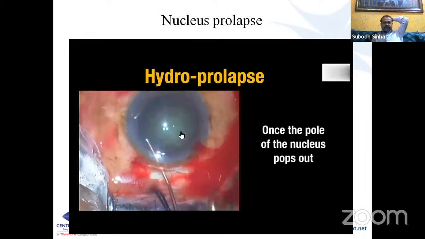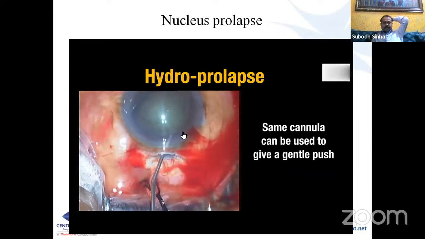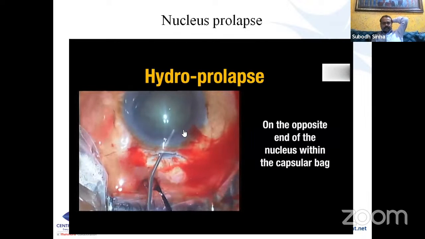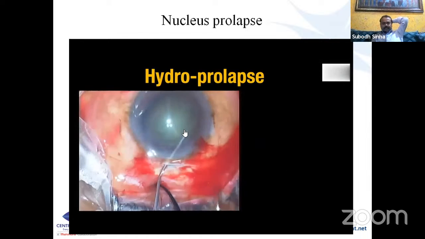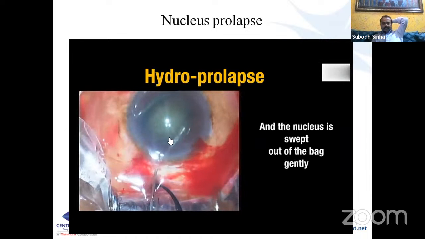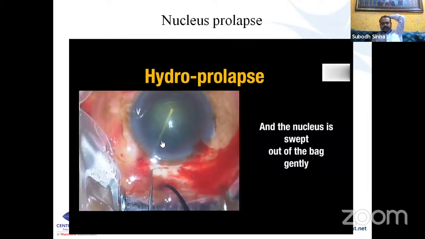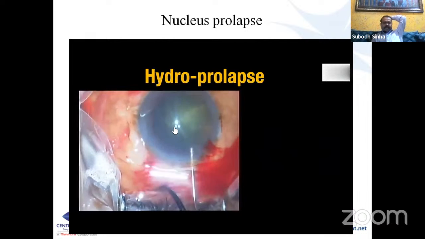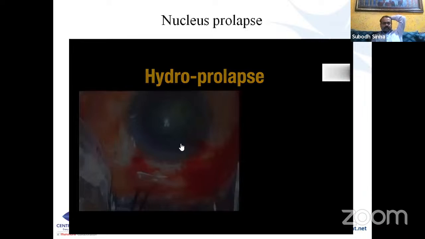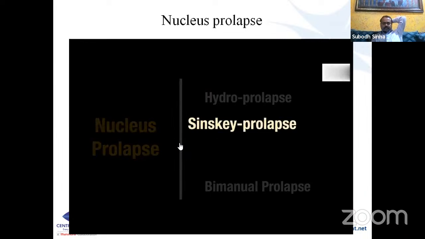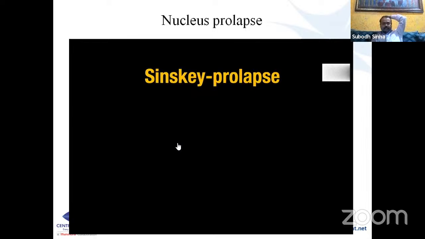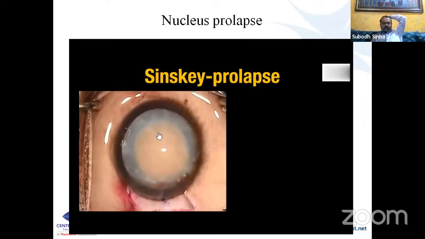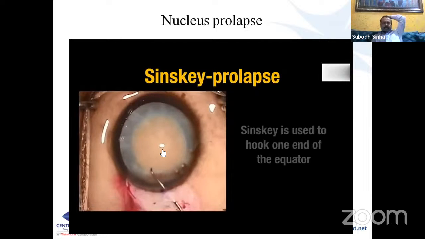You are injecting and flipping the whole nucleus. Although this looks very simple, it is not good for beginners. For a hard cataract, you require a Sinskey prolapse.